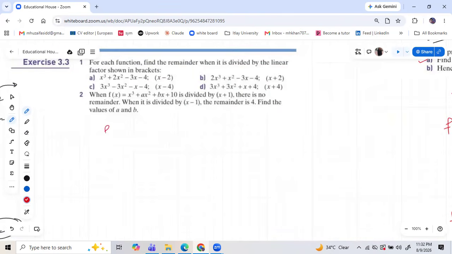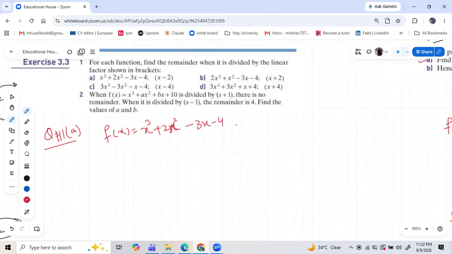Question 1, part a: f of x equals x cubed plus 2x squared minus 3x minus 4, and this is x minus 2.